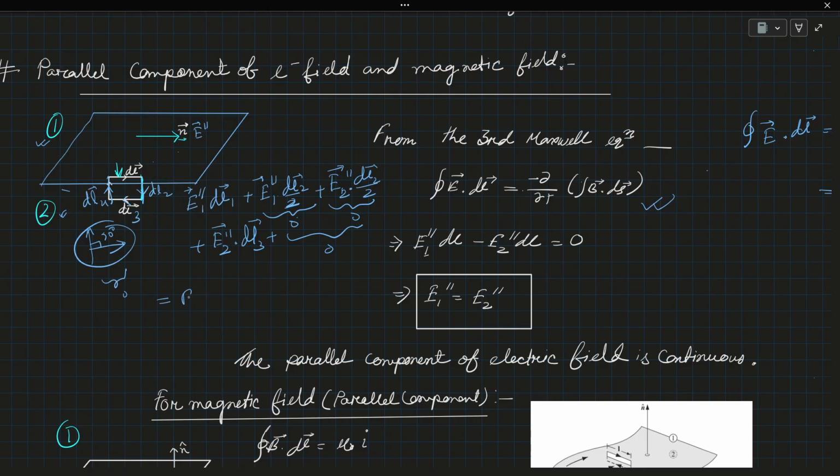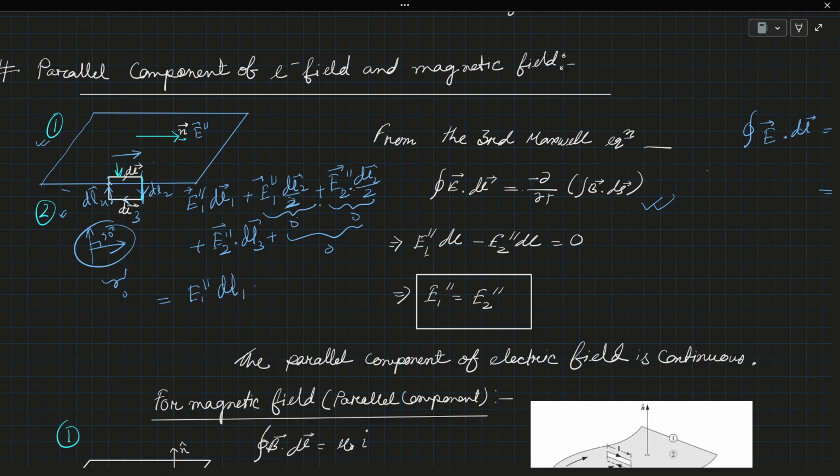So I can write E1 parallel dot dl1. E1 and dl1 are in this direction, and E is also in this direction, so the angle between them is 0. So I can write it as E1 parallel dl1.